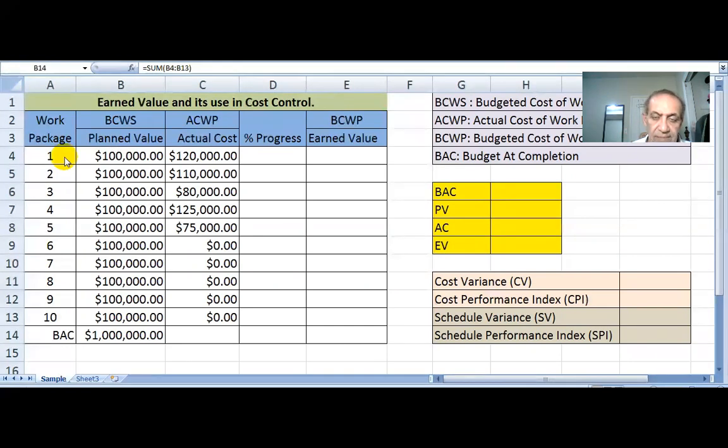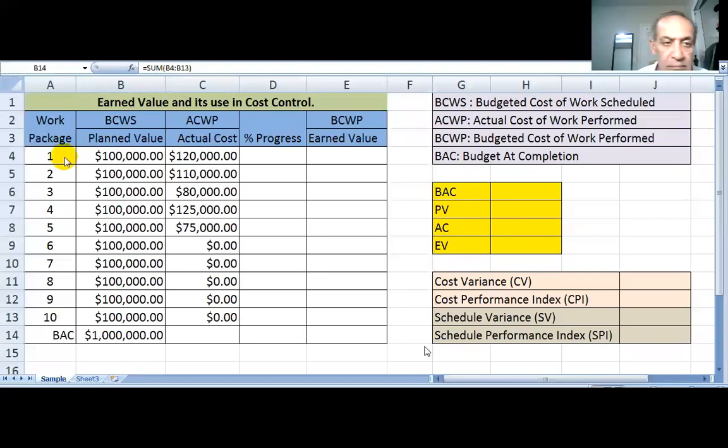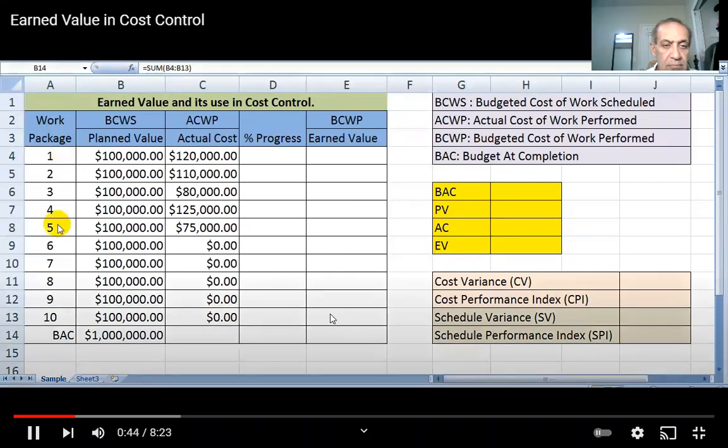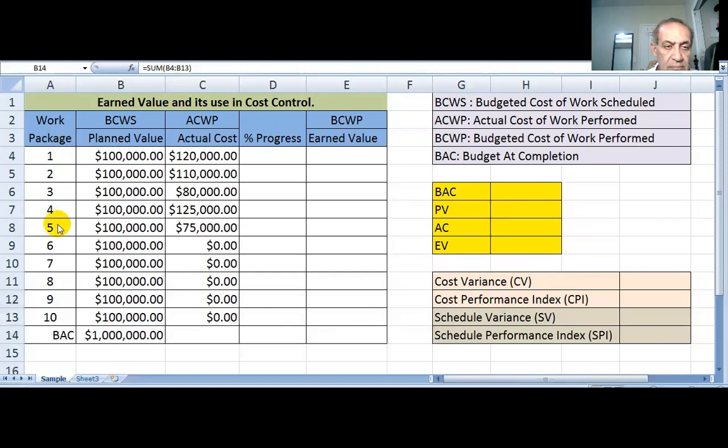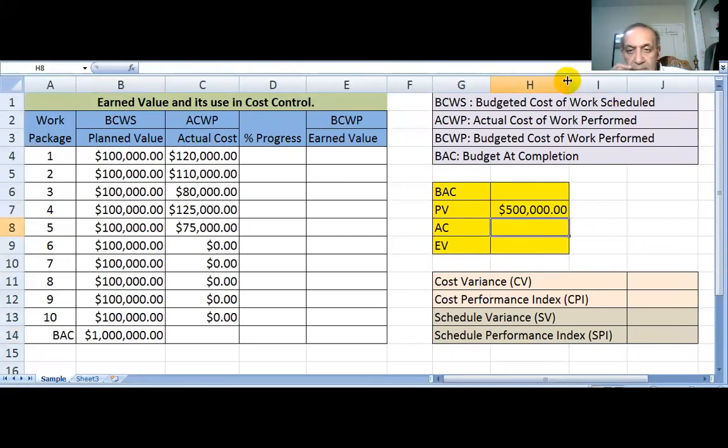Now we are at the end of month 5. So as of today, we're supposed to complete 5 work packages. So how much are we supposed to have spent? 500,000. That is your planned value. The planned value for this project as of today is 500,000. But how much did we spend? Here is the status.